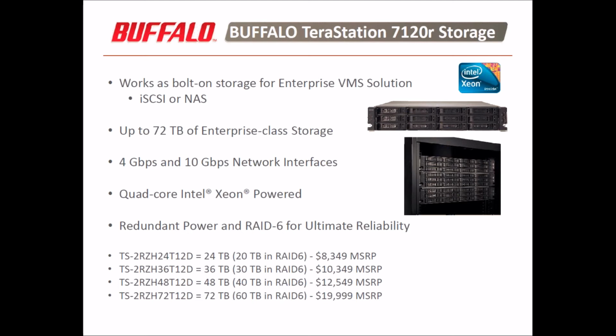We support up to 72 terabytes. We have quad gigabit support over 4 gigabit Ethernet ports that is teamable, and you can run link aggregation on them. We also have 10 gigabit support with Intel and Emulex cards. So there's plenty of I/O there to support countless cameras with an existing VMS.